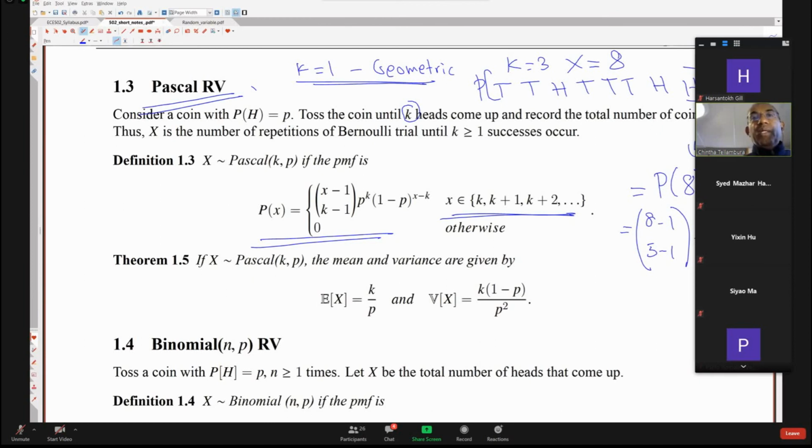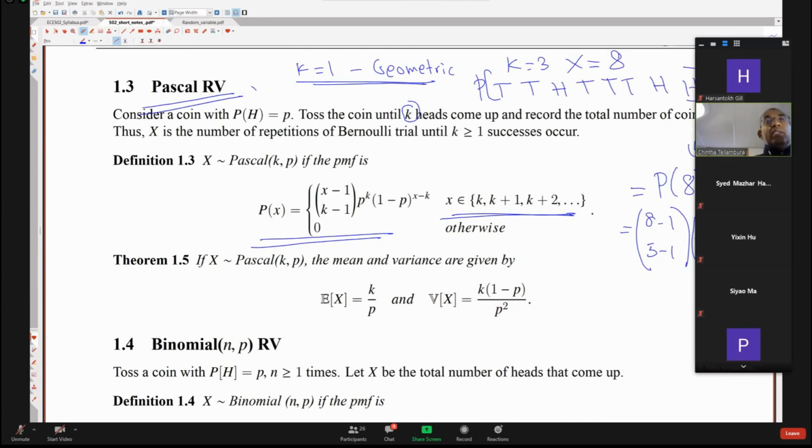So p is a half to the 3, and 1 minus p is also a half. And x minus k, so x is 8 minus 3, that's a 5. Okay, so that is the exact probability of getting this outcome.